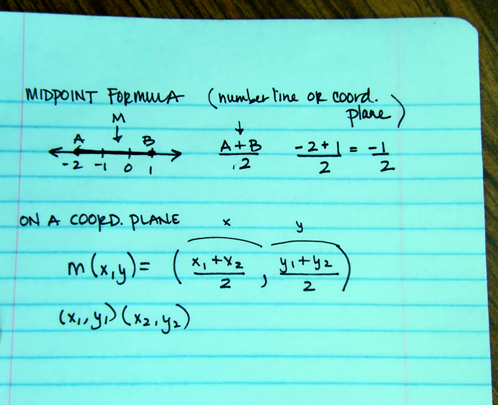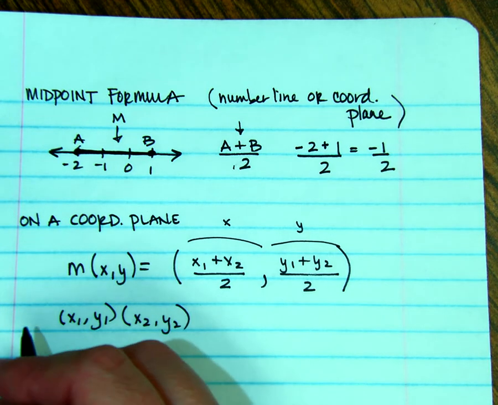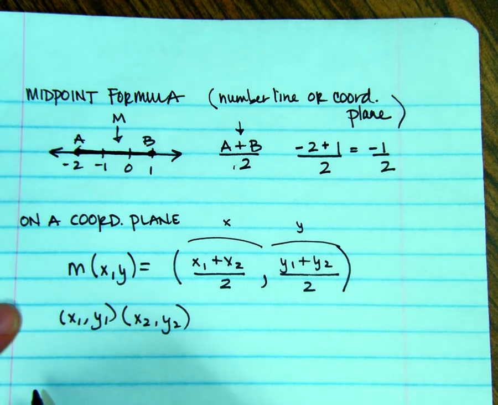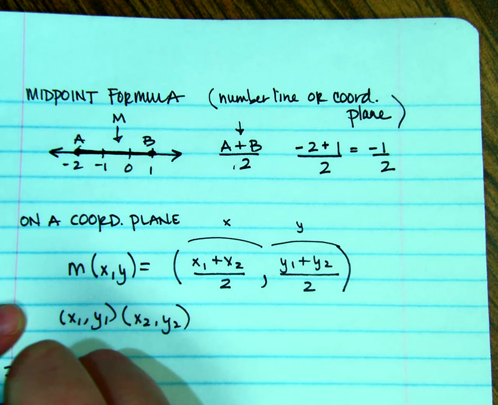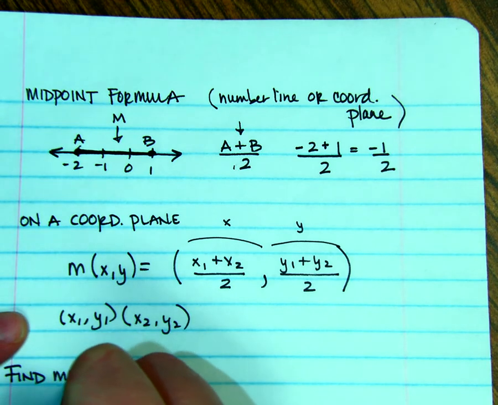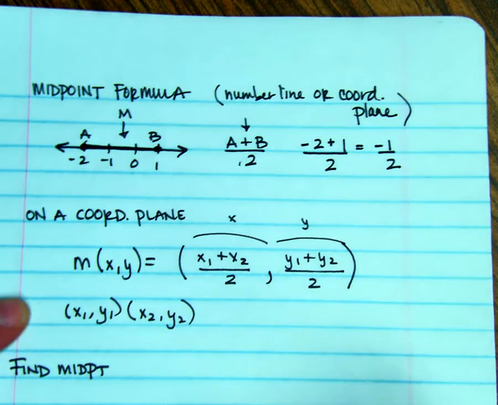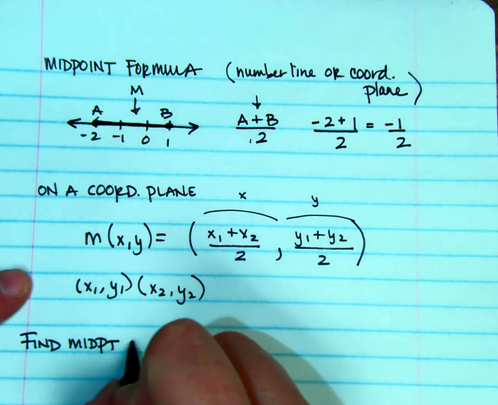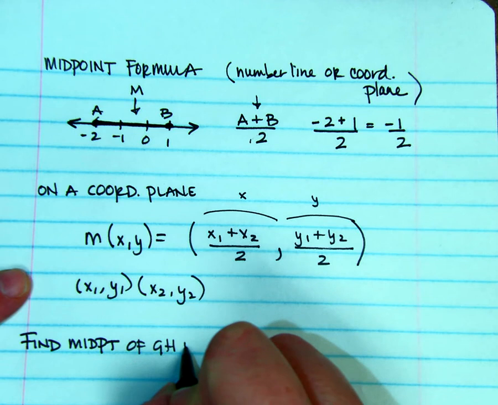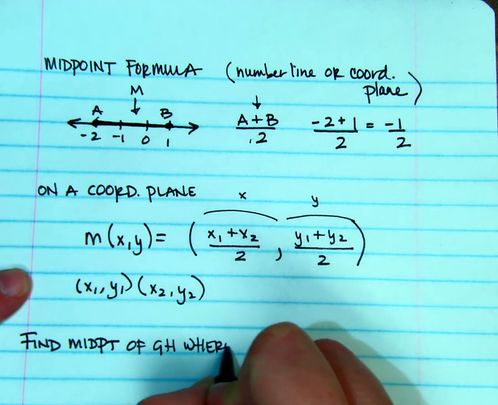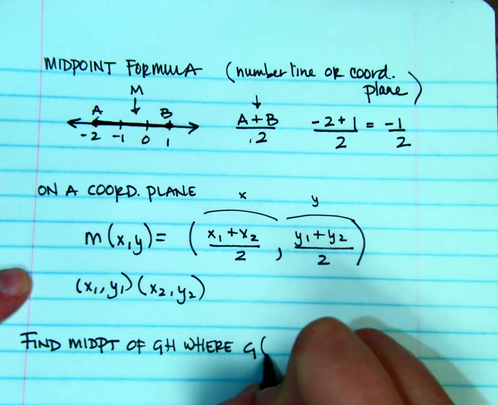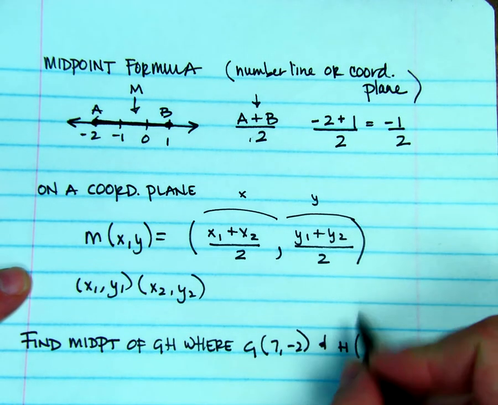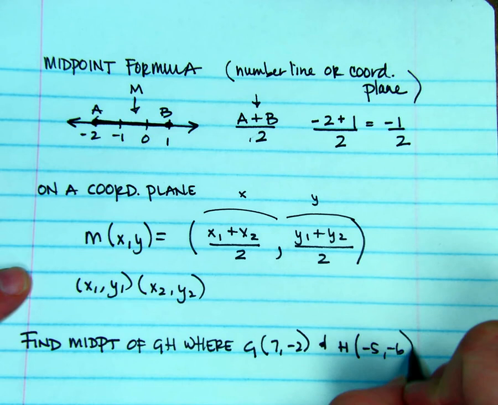If you're trying to find the midpoint, let's find the midpoint of GH, where G is the ordered pair of 7 and -2, and H is the ordered pair of -5, -6.